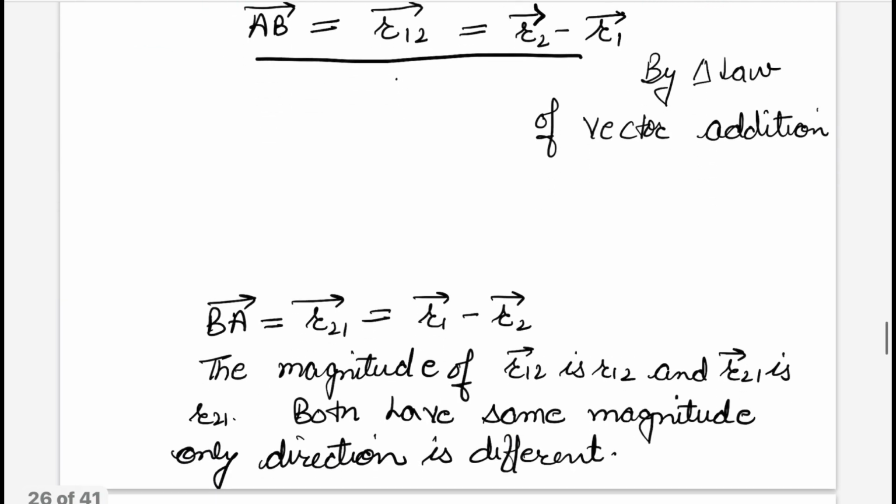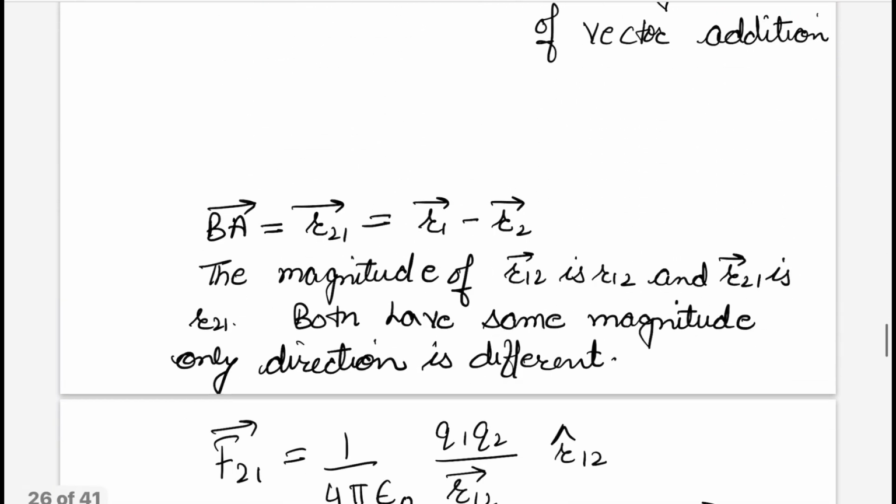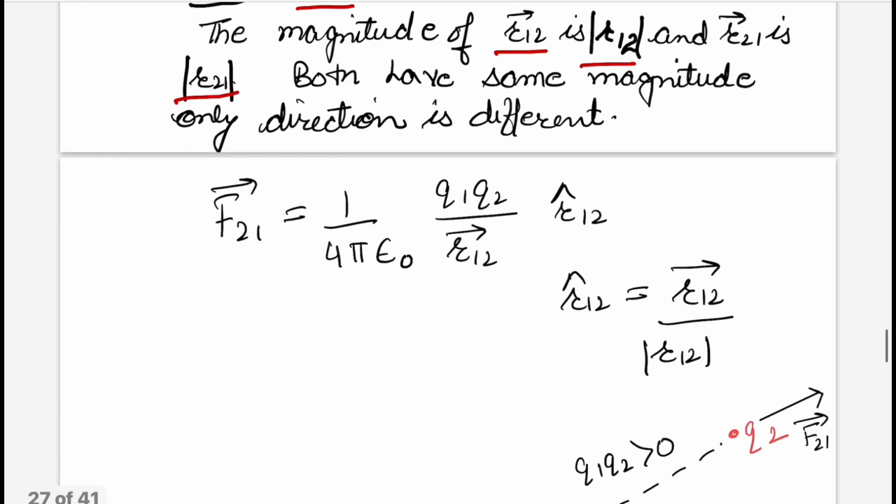As you have written AB vector, similarly you can write BA vector. This BA vector is R21, as you are moving from charge Q2 towards charge Q1. So it will be equal to R1 minus R2. The magnitude of R12 vector is R12 and of R21 is R21. They both have the same magnitude, but they have different direction.